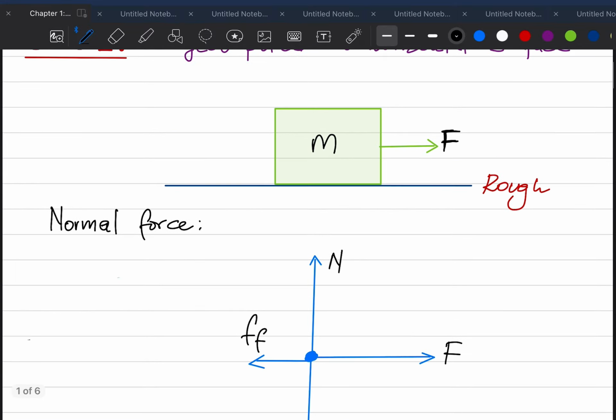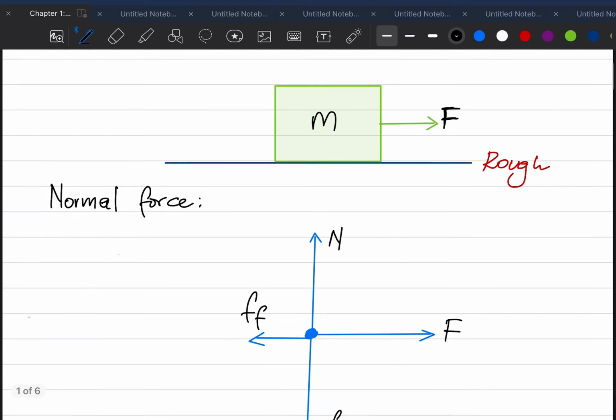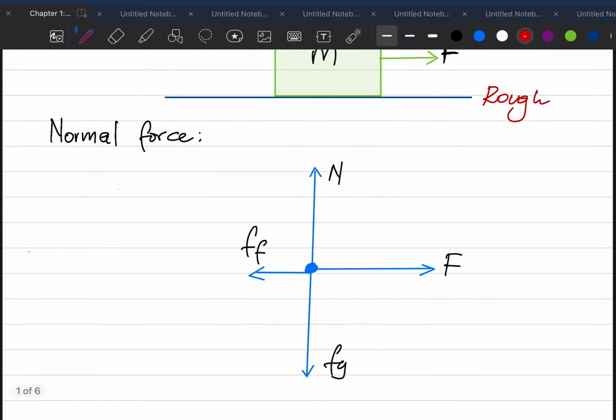Now, since this object is lying on a horizontal surface, that means by law, normal force is equal to mg, which is equal to Fg.